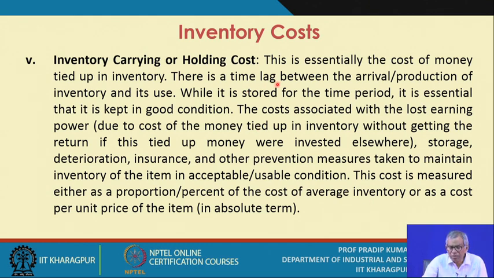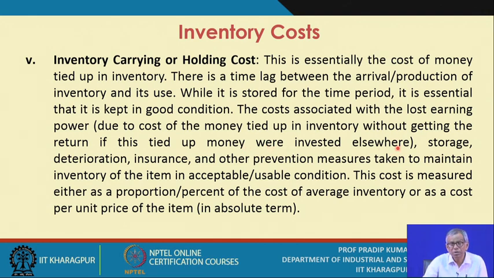There is a time lag between the arrival or the production of inventory and its use. While it is stored for the time period, it is essential that it is kept in good condition. It's clearly understood. The cost associated with the lost earning power is due to the cost of the money tied up in inventory, without getting the return if this tied up money were invested elsewhere.